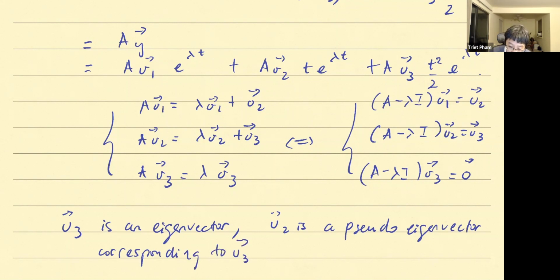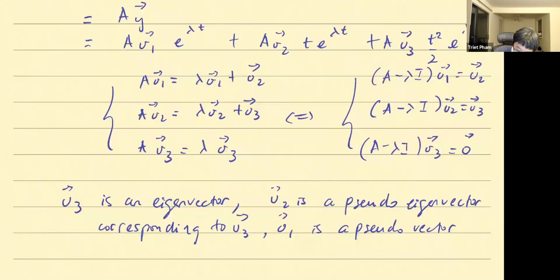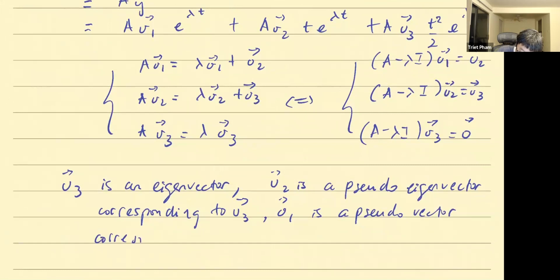What do I mean by that? It solves the one with v3, okay? And then v1 is a pseudo vector corresponding to v2. All right.